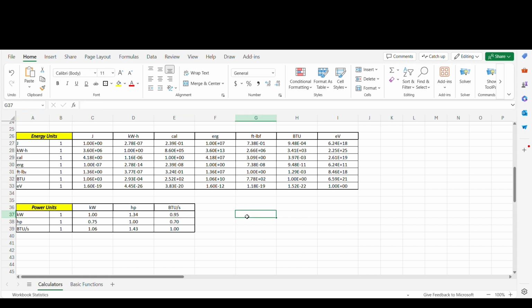But nevertheless, you could always just convert back to your kilowatt hours, to your BTUs or whatever. And then horsepower is a bit different. It's just how we measure power on this side of the world.